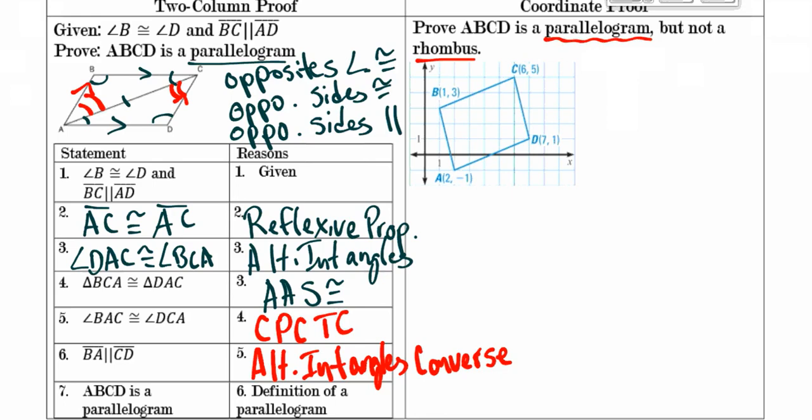We need to show all of that. You could do it in any way that you want. If you wanted to show that opposite angles were congruent, you could do that. If you want to show opposite sides are congruent, you could do that. You could show that opposite sides are parallel. It's completely up to you how you want to do this. Just go back up.